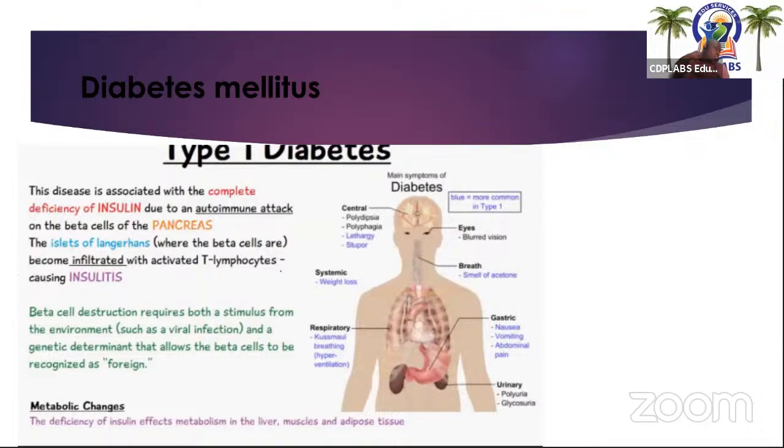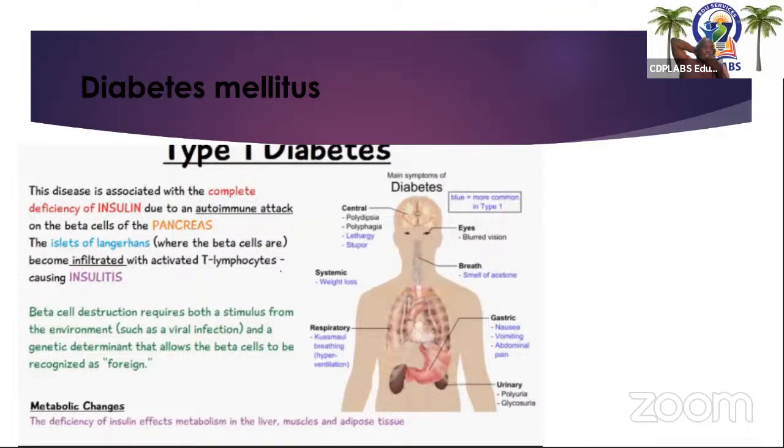Beta cell destruction requires both a stimulus from the environment, such as a viral infection, and a genetic determinant that allows the beta cells to be recognized as foreign. She also told you some of the signs and symptoms.